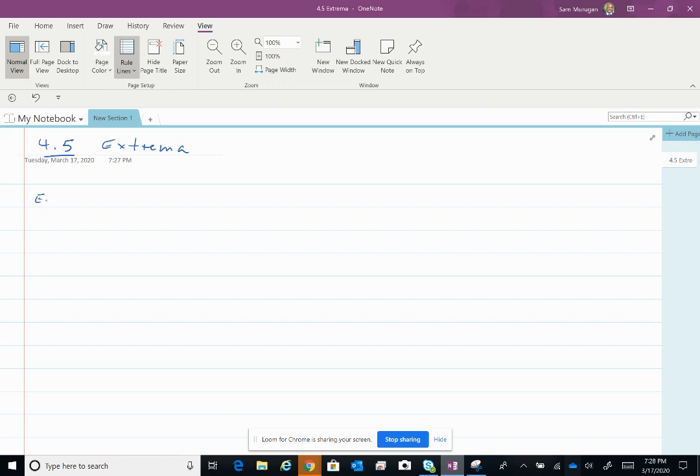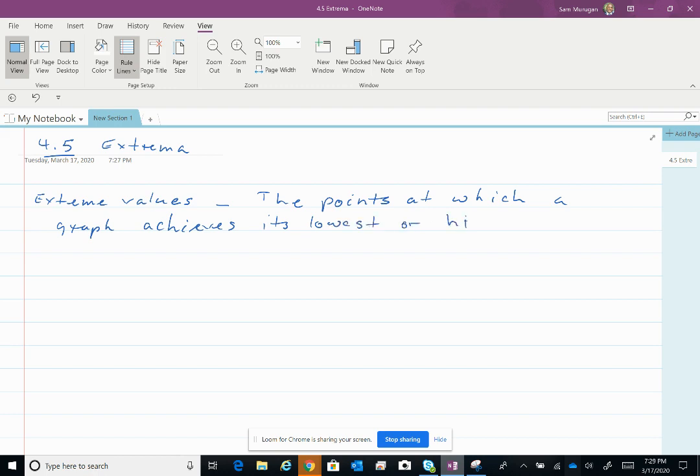Extreme values are the points at which a graph achieves its lowest or highest values.